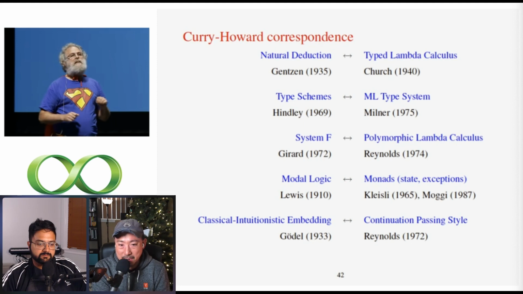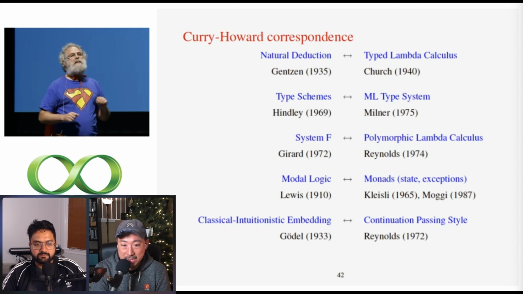And so, for example, type schemes were discovered by Hindley in 1969, and then Milner later on in 1975 put out a paper on the ML type system. And so these ended up being equivalents of each other, and all the type systems of functional programming languages today are based on this ML type system.